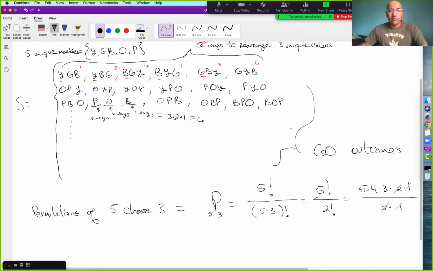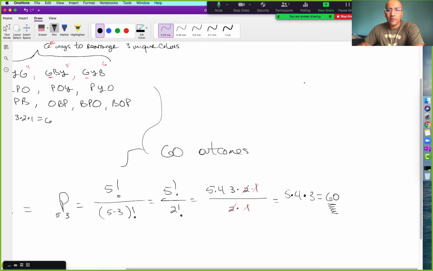And all 60 of those can be organized in this table here, where I put the unique colors in this direction, and then once I've chosen 3 unique colors, I can figure out how to move them around. I know that in this direction there are going to be 6 different ways to do that.